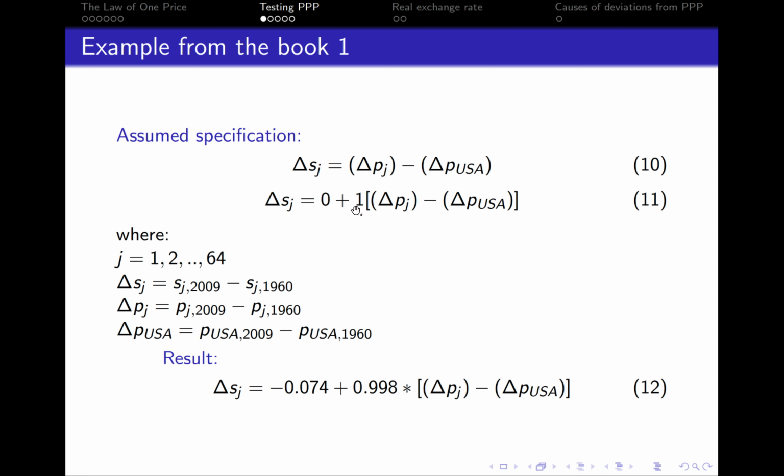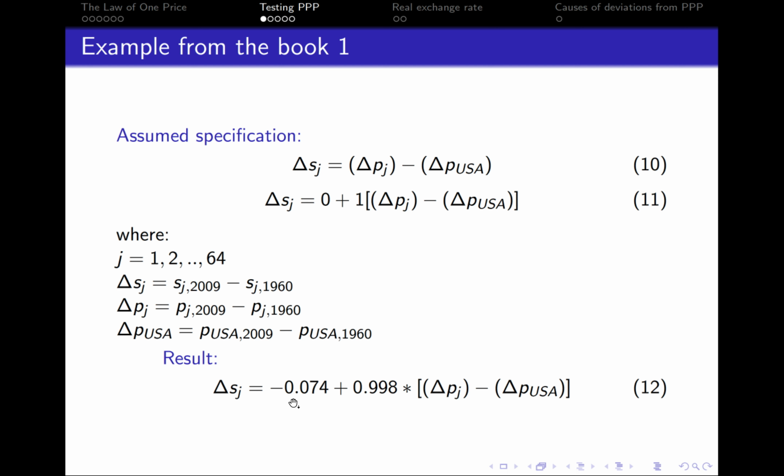But of course, this is the real world, not an economic model. So in the real world, we need to introduce a disturbance term, and we expect those values to deviate, at least slightly, from the expected values. Okay, and look, here we see the results.